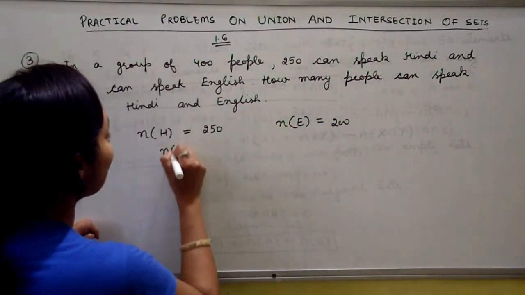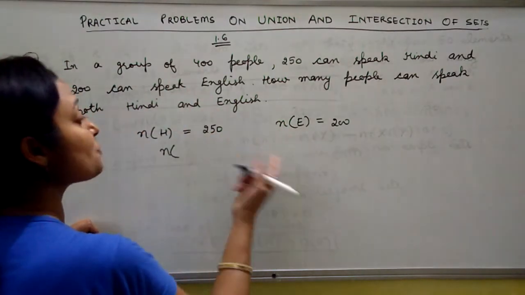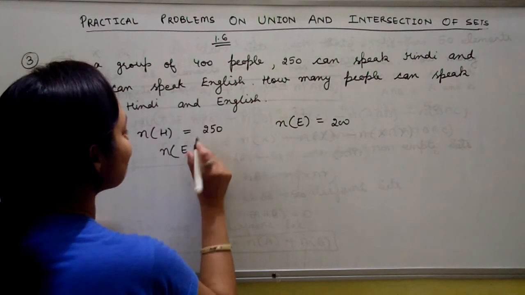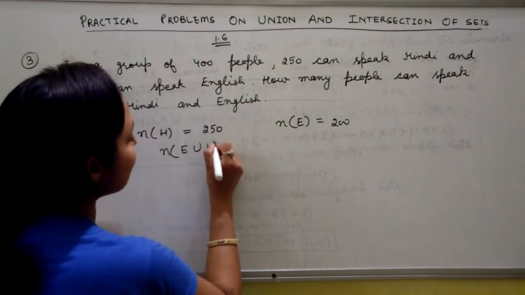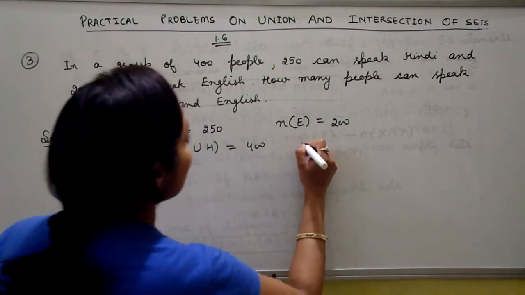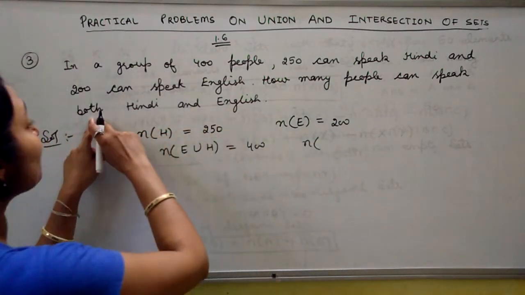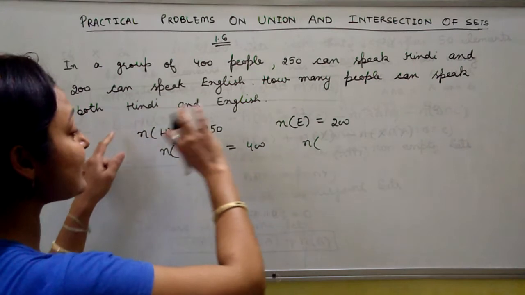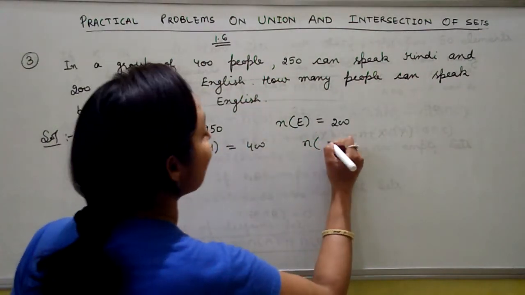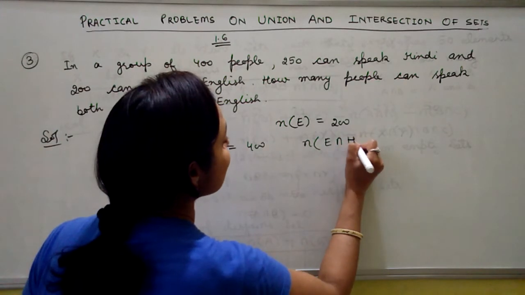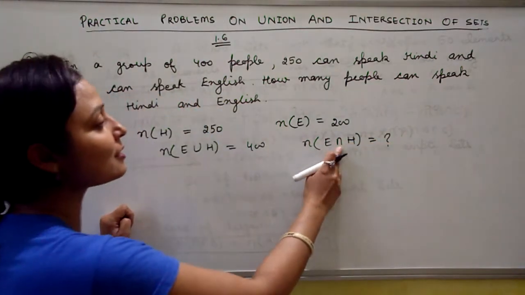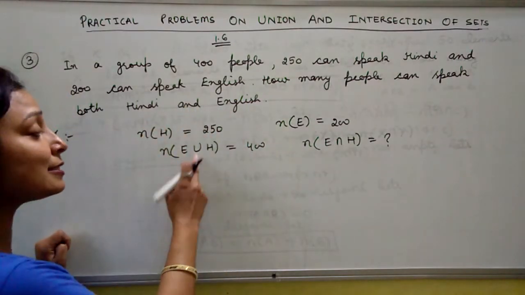And the number of people who speak English or Hindi, meaning union, is 400. You have to find the number who speak both English and Hindi, meaning both are common. That means you have to find English intersection Hindi. And means intersection, and or means union.